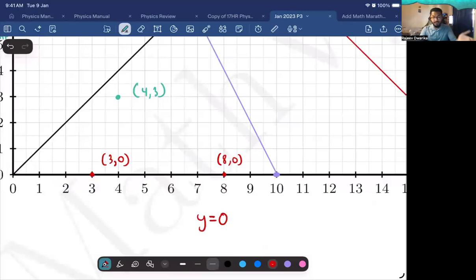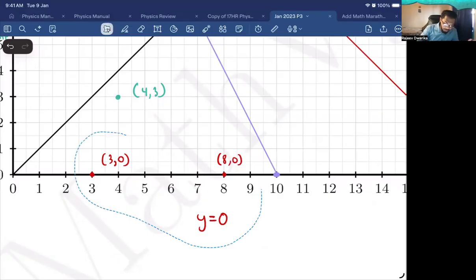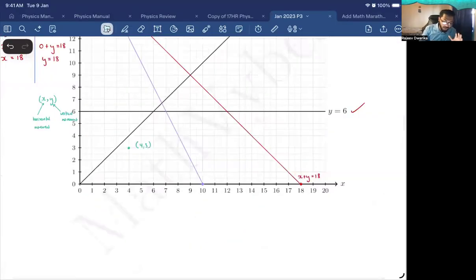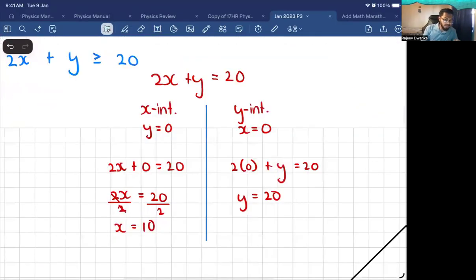If you're on the x-axis, you can only move left or right, and if you're only moving horizontally, your vertical movement is 0. So the y value will be 0. Does that make sense? Now you understand y is 0, right?